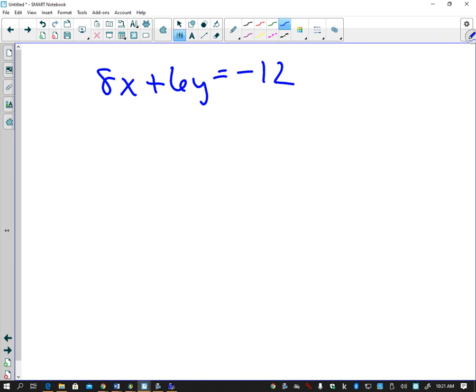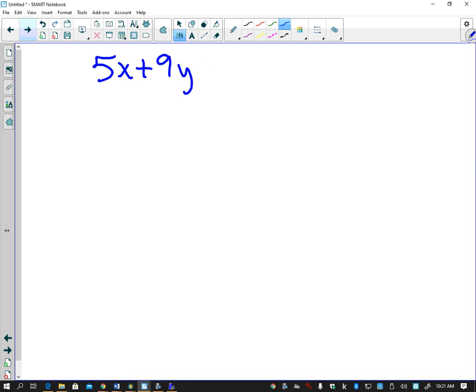Can you classify a system? Do you guys know what I'm talking about? Okay, so what they're going to do is they're going to give you something like 5x plus 9y, and I'm just going to make up numbers, and -7x plus 2y equals this. Okay?